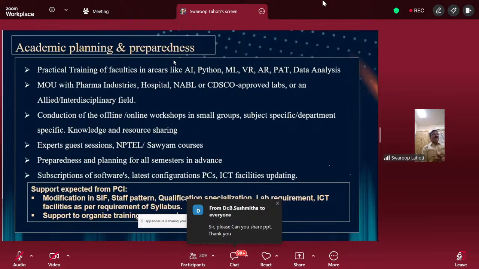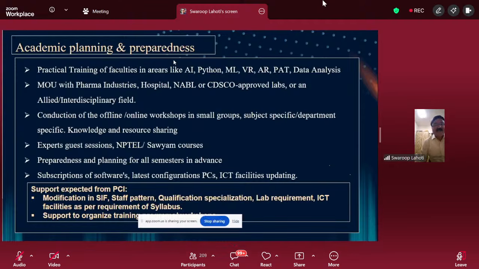We can also expect certain support from the Pharmacy Council of India. The Pharmacy Council of India has taken a great initiative and given an excellent syllabus, but modification of the SIF as per the requirements of this syllabus is needed: staff pattern changes, qualification and specialization changes, lab requirement changes. ICT facility requirements as per the syllabus should also be changed in the SIF.